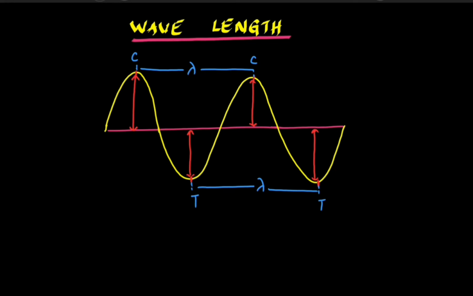Any two points that you can choose, similar and consecutive, that gives you the wavelength.